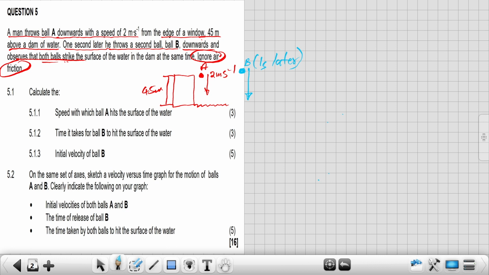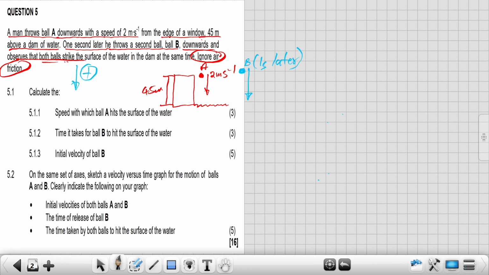We usually opt for the easiest way so that we understand the physics principles easier. We are working with a projectile, so I need also to have a choice of direction. Everything in this case is moving downwards, so the easiest thing to do is to choose downward as positive.